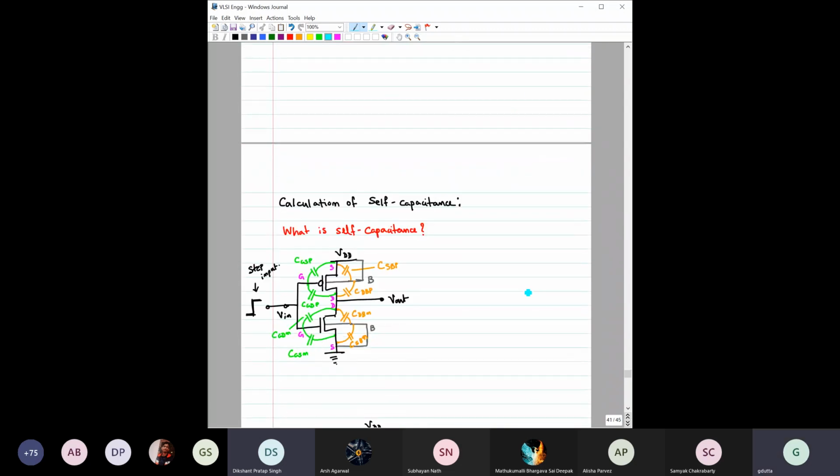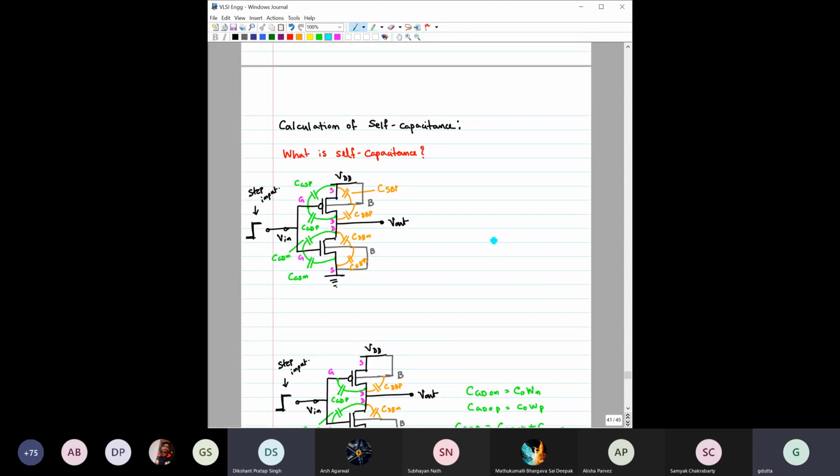That part is called self capacitance. Before we start the discussion regarding self capacitance, let us first understand what it is. Self capacitance is the sum of capacitances connected to the output V out. See here, if you consider this inverter, we have not connected any load so far with this V out.